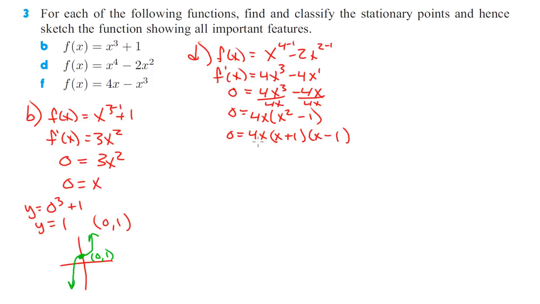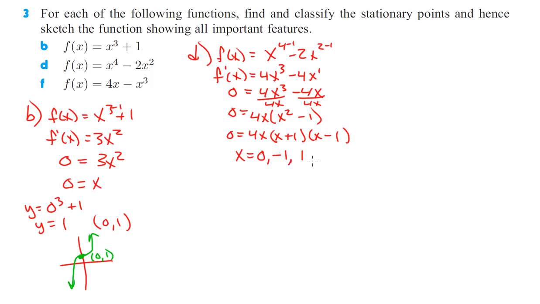So we're going to have 3 spots where we have stationary points, because there are 3 places where the slope of the tangent equals 0. That's when x equals 0, since 4 times 0 gives us 0. Negative 1 plus 1 gives us 0.